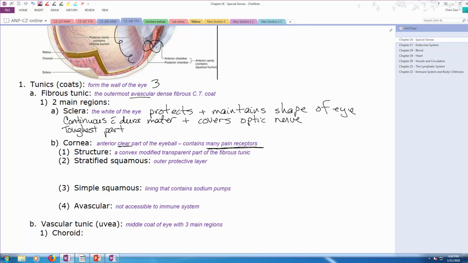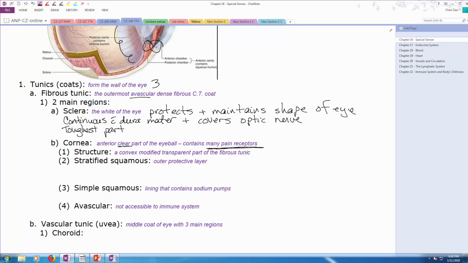So this area is rich in pain receptors so that the area that allows you to see is really protected from things that can traumatize or damage it. So that's a protective mechanism. Pain receptors are put in areas where you need more protection. We have fewer pain receptors on our back. We have more pain receptors and other sensory receptors on the ventral side of our body. So wherever you need more protection, you'll have more pain receptors.